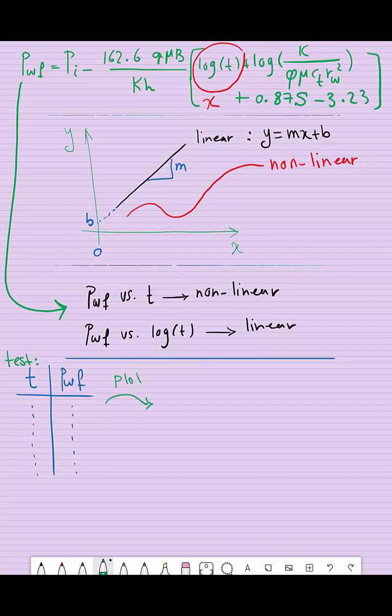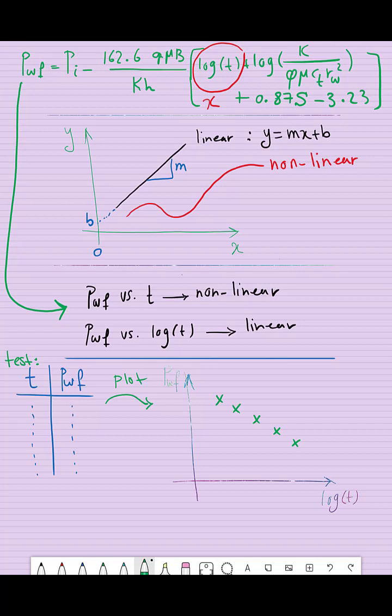I'm gonna plot this test data, which is PWF versus, now this is going to be log of T. PWF versus log of T, and there's going to be a bunch of points here, and obviously well, I expected PWF to drop, so you're gonna see these points, and here I can say, well, yeah, they do look like they fit on a line.